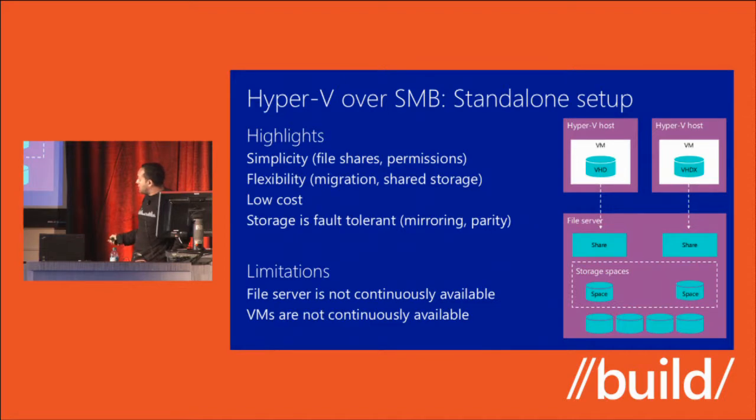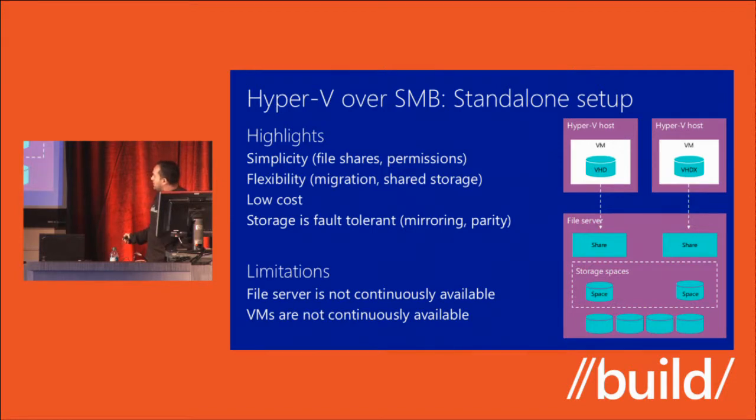And the storage here can be made fault tolerant by using the storage spaces features like parity or mirroring and so on and so forth. So you can do RAID-like configurations on your storage. So your storage is fault tolerant because you have storage spaces here. It's low cost because you don't really need any additional technologies or any special fabrics and so forth.